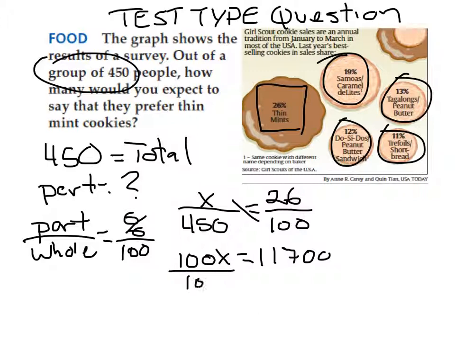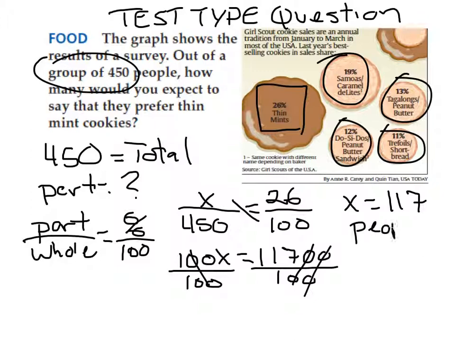We're going to divide both sides by 100. I'm left with x. And I'm just going to use something simple here. The zeros will cross out, and I get 117. I expect 117 people in the group to buy Thin Mints.